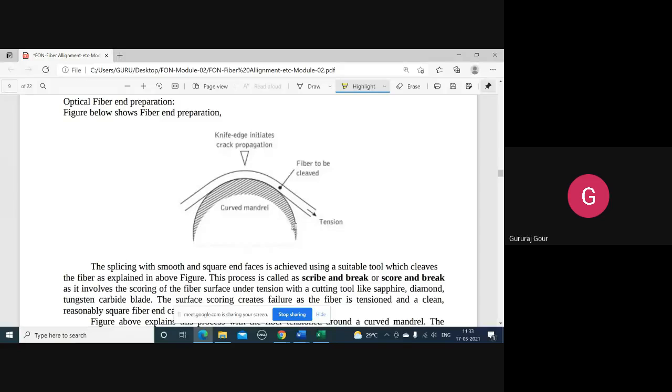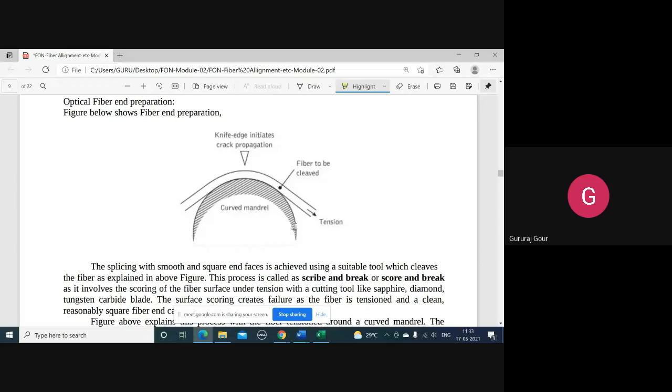So in order to join the two ends, you are going to smooth the two ends so that when you join them they look like one. That is called fiber end preparation, and they should be properly aligned. That technique uses knives and other cleaving tools, as shown here.